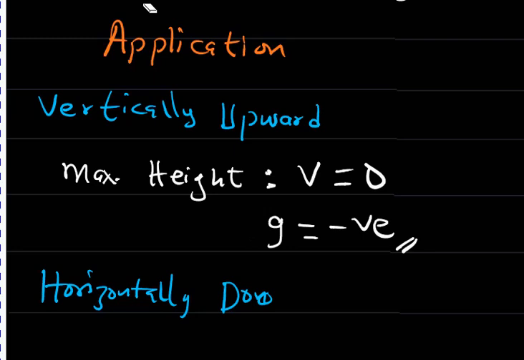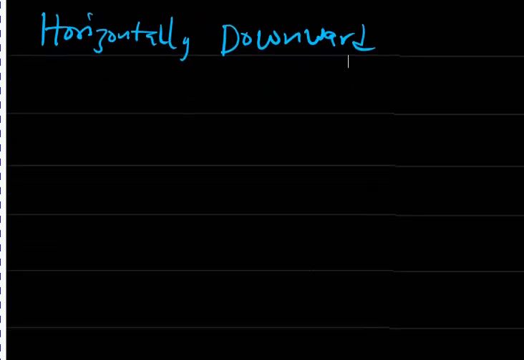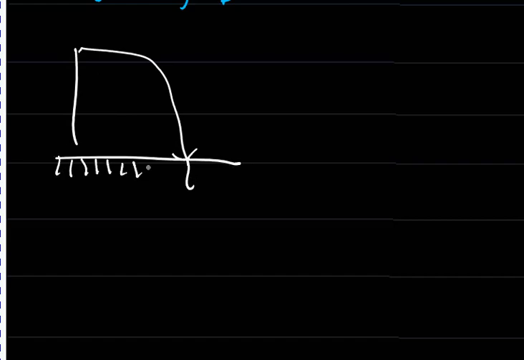Invariably the object is dropped, or thrown to just fall from a particular height downward. Let's say this is the height. The object is thrown and falls to this ground level from this height.